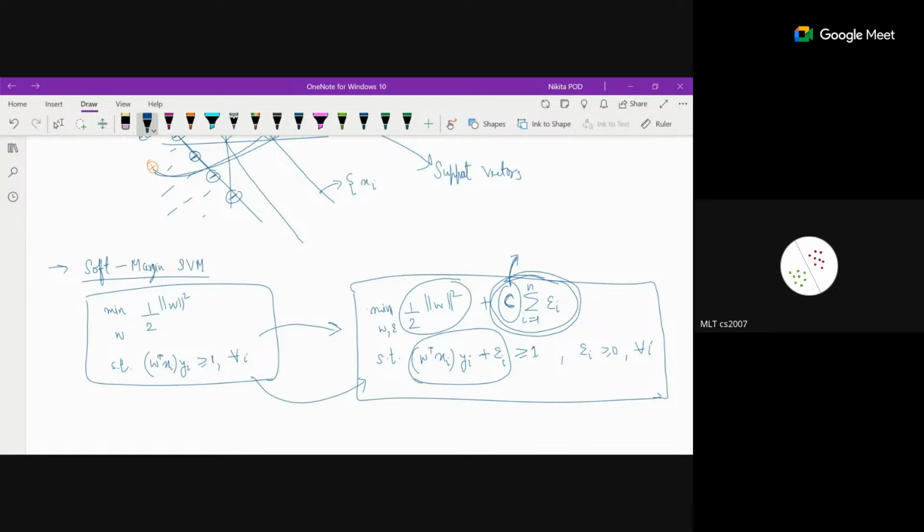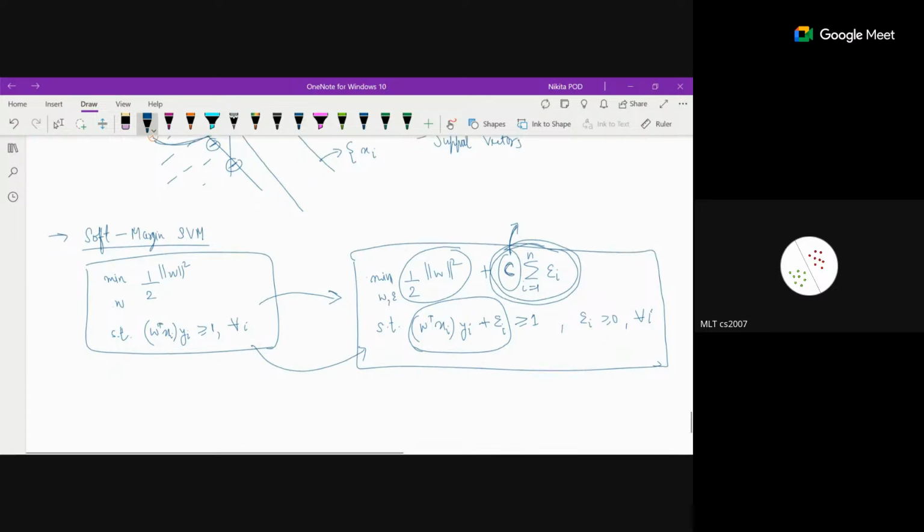If C is 0, then what will happen? In that case, my objective function remains 1 upon 2 norm of W square, and this is my constraint. You want to minimize this, so the W that will satisfy this is going to be 0.